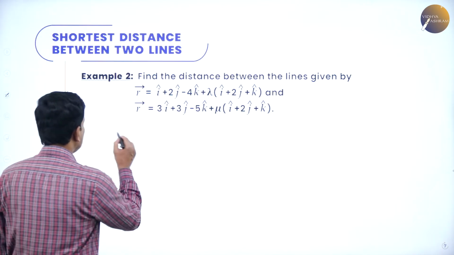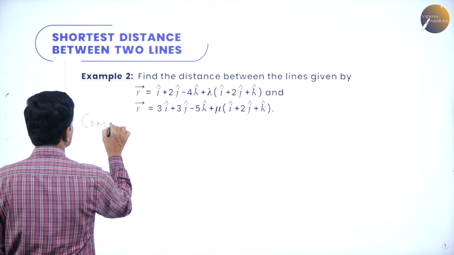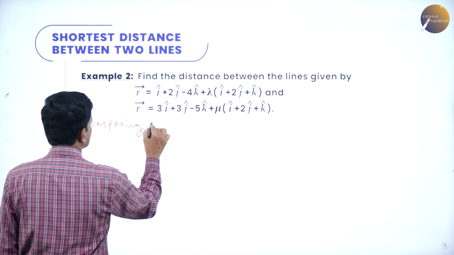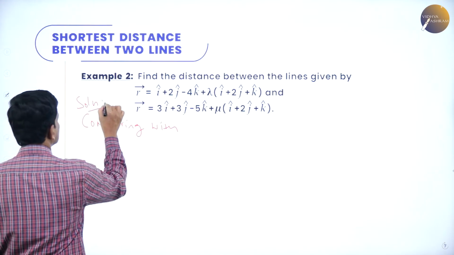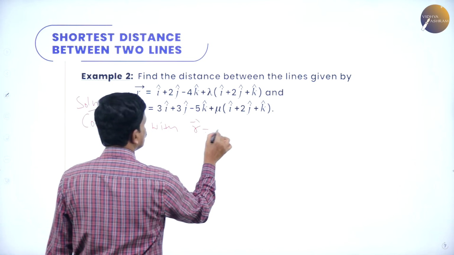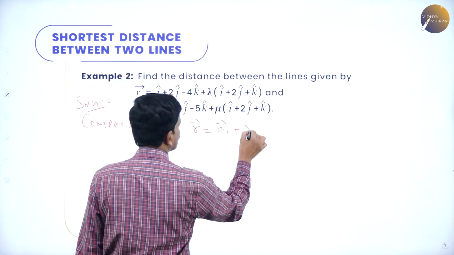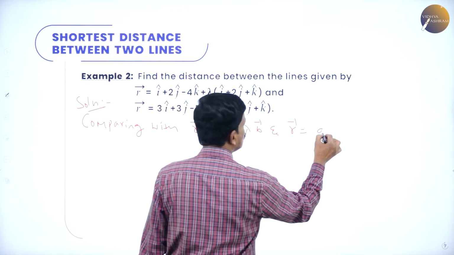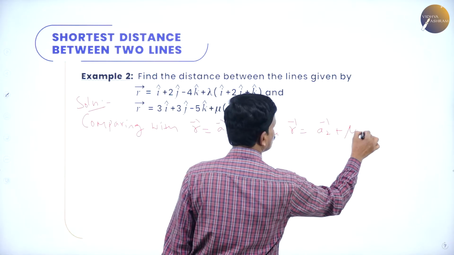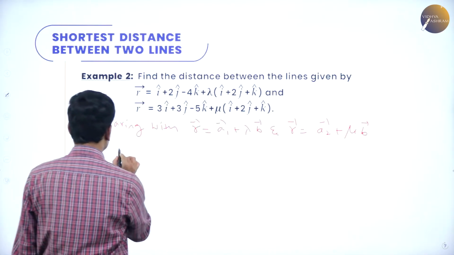So let us compare this with the standard equations. R is equal to vector A1 plus lambda into vector B, and vector R is equal to A2 plus mu into vector B. Now what is A1 here?